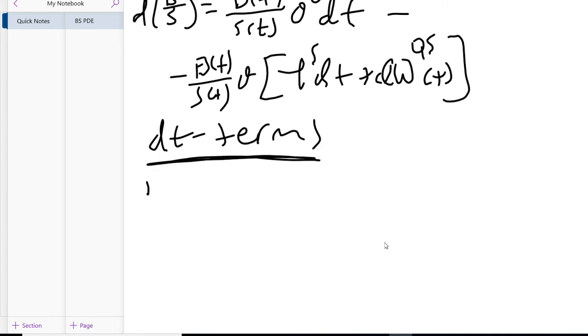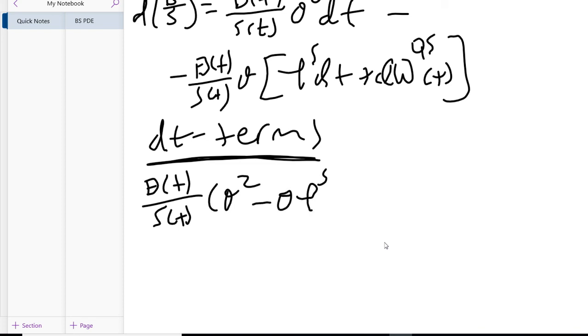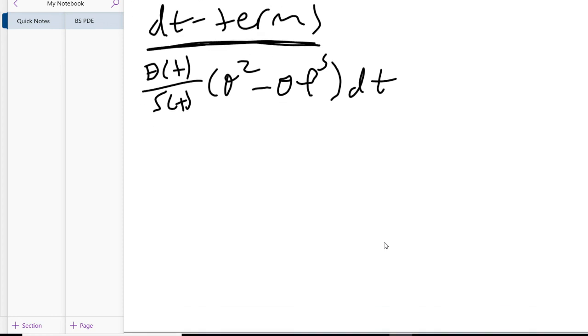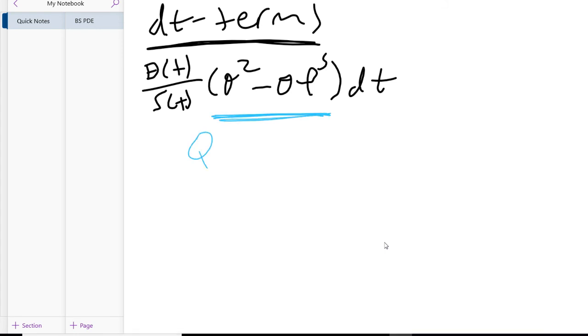Those would be collected as bt over s t times sigma squared minus sigma phi dt, again, just like before, to get a QS martingale this time, we are going to set this equal to 0 to get the Girsanov kernel in this case.